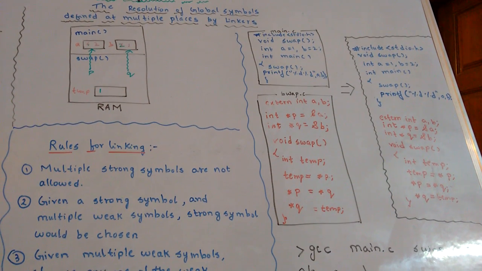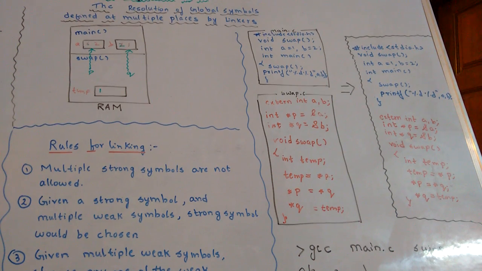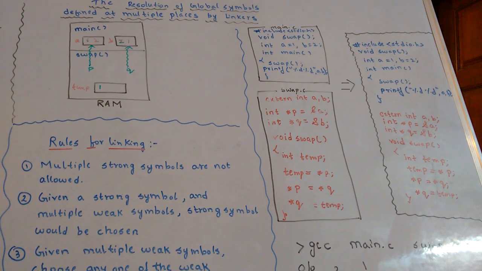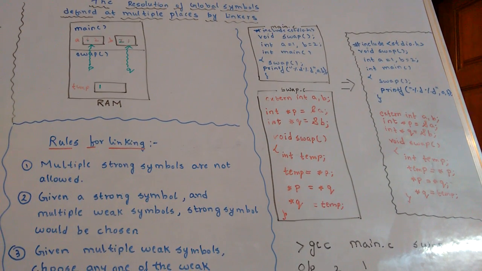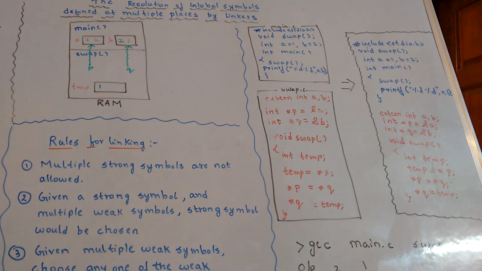Anyway, when I say *p here, it means penetration. In other words, p will penetrate inside a and get the value. So a's value 1 would be given to temp. Then when I say *p = *q, it means penetrate q and whatever is there, give it to the penetration of p.